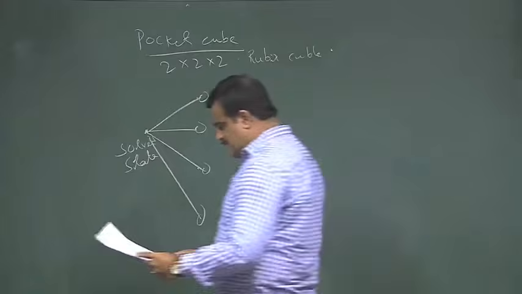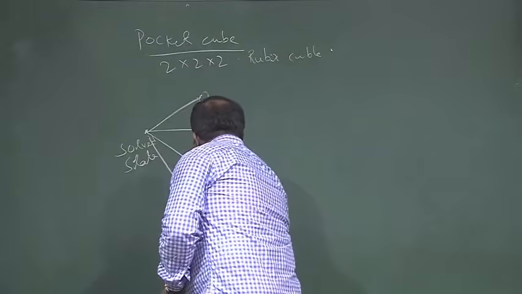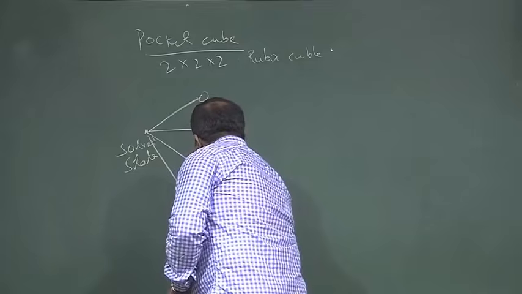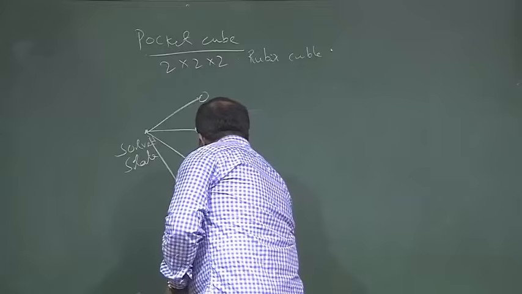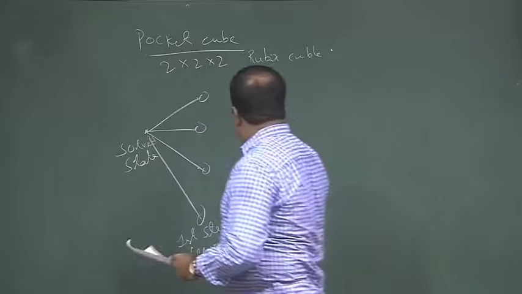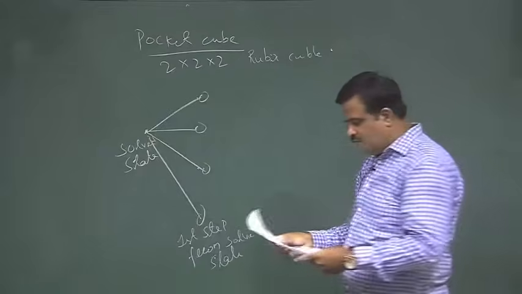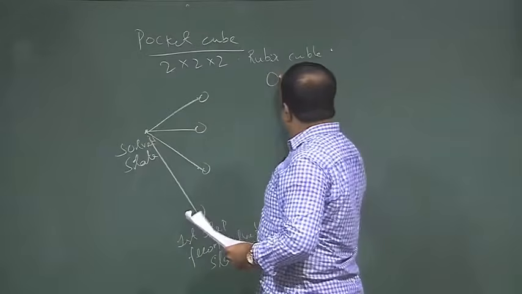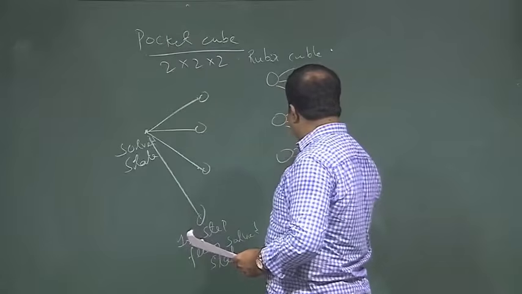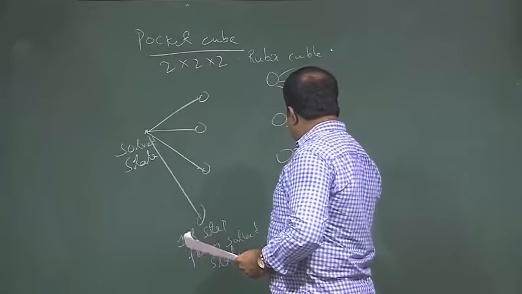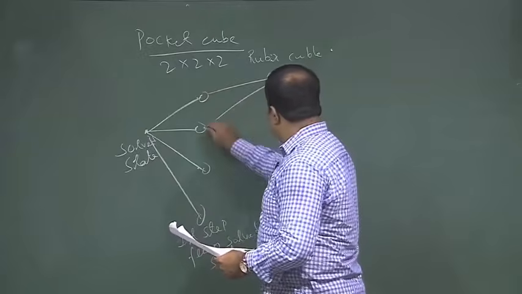So this is one step from the solved state. Similarly, from there we can make another move, so this is two steps away from the solved state, like this.